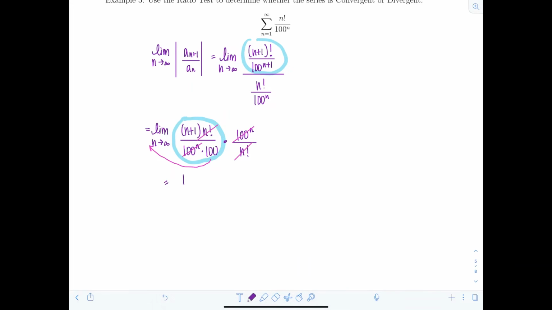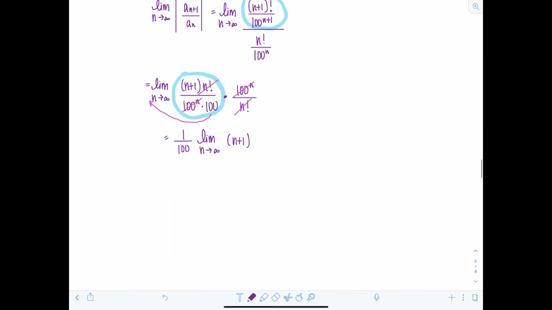So this is going to be 1 over 100 times the limit as n approaches infinity. Now what's left over? Just that n plus 1. Well, my goodness, when n approaches infinity, n plus 1 also approaches infinity. And even if I multiply by 1 over 100, it's still going to be infinity. So this limit is infinity.